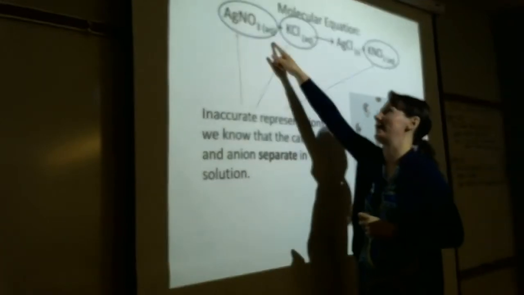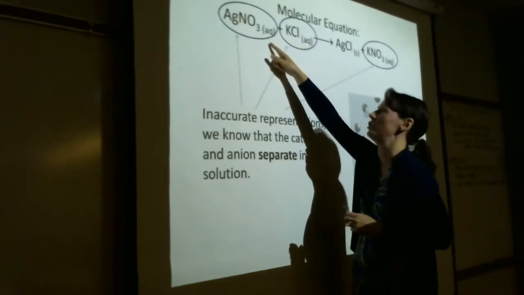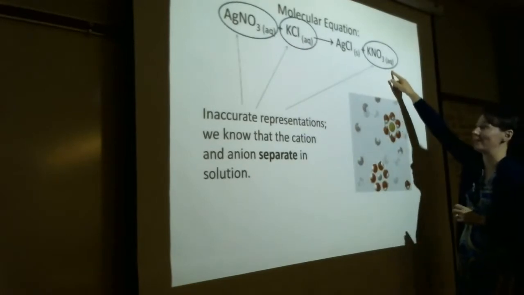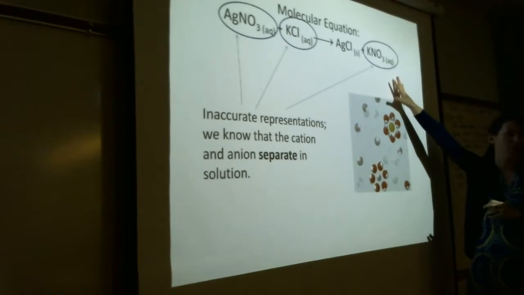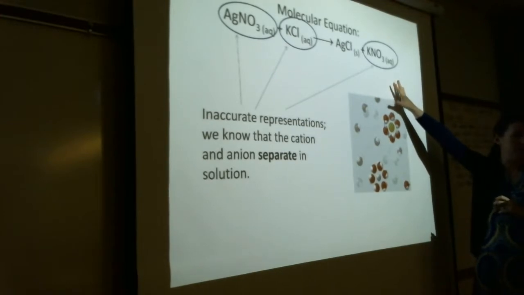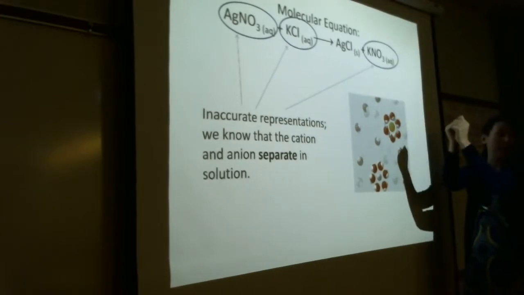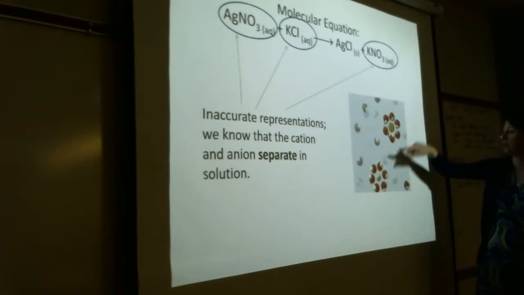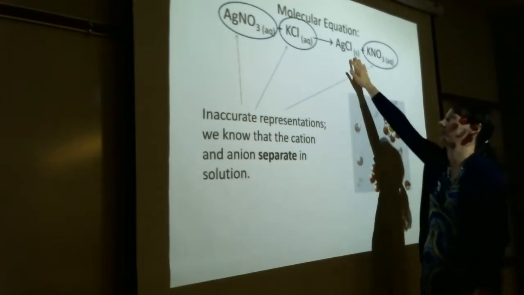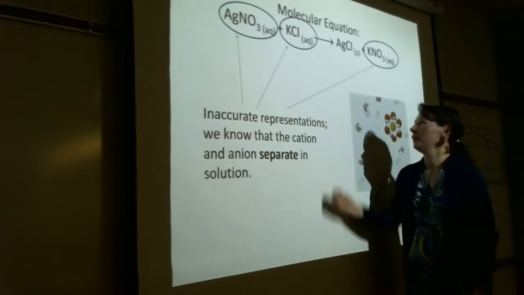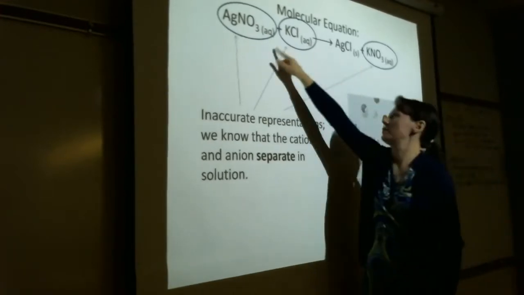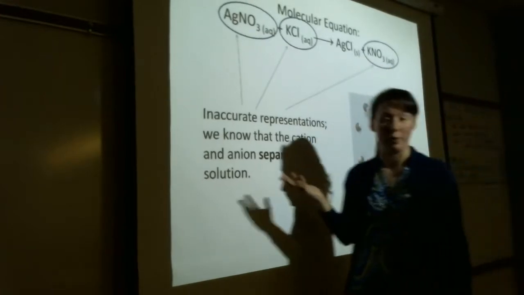So writing KNO3 or KCl or AgNO3 as aqueous, that's not very accurate. Does everyone see why this isn't an accurate way to represent the solution? Because they're not bonded together. They're split apart and surrounded by waters. Now this one is accurate, because this is just a precipitate sitting at the bottom of the beaker, not doing anything. So that's perfectly fine. But these ones aren't really an accurate way to represent it.